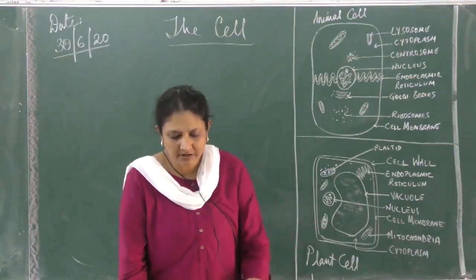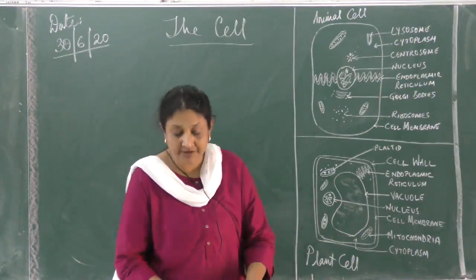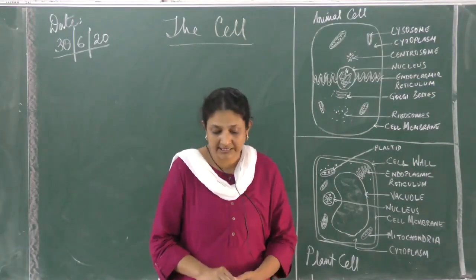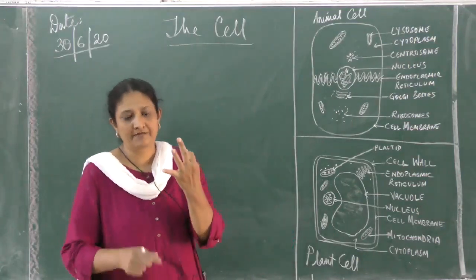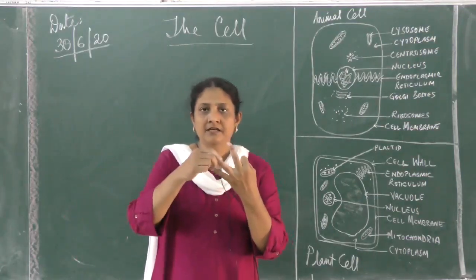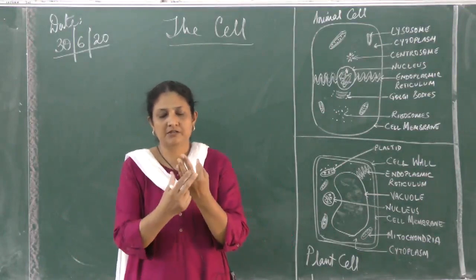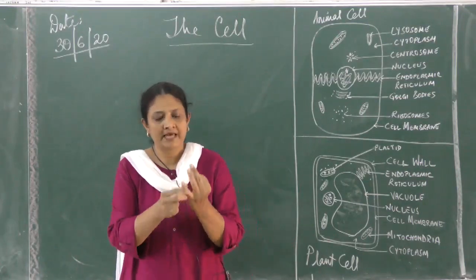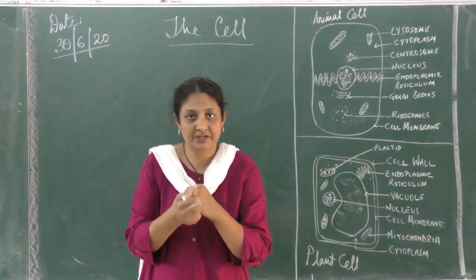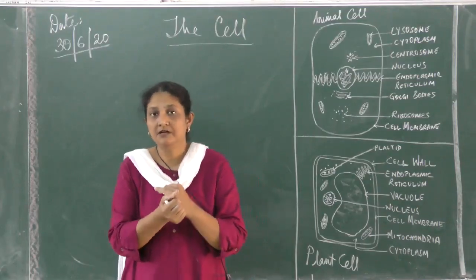So these are the structures and the functions of the cell organelles that are there. A cell can be divided into three parts: the cell membrane, cytoplasm and nucleus. Together the three are called protoplasm, the living matter of the cell. Cell membrane helps in protection. It gives shape to the cell.